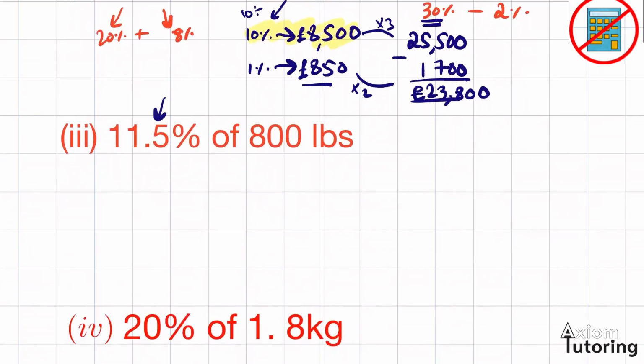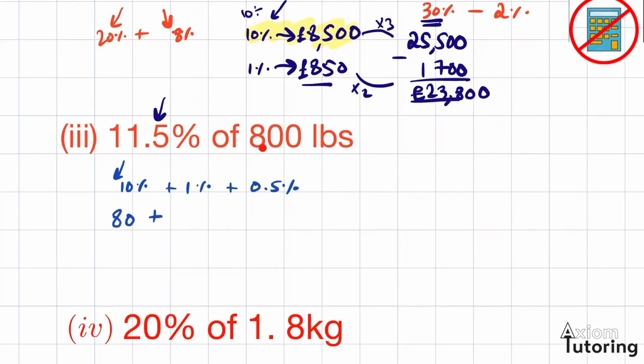Well, that just involves going one step further. We want 10% plus 1% plus half, or 0.5 of a percent. We know how to work out 10%. We simply divide by 10 and get 80. We know how to work out 1%.